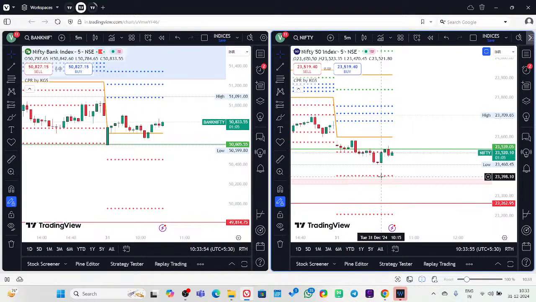Whenever you are taking trades, you should enter at the right time at the right location to take profits.